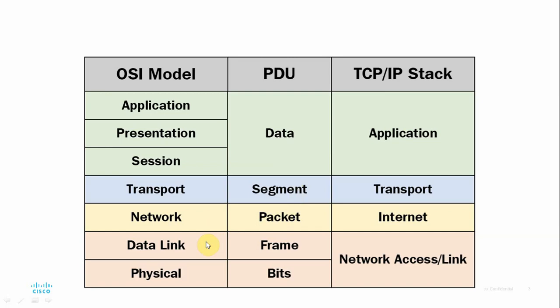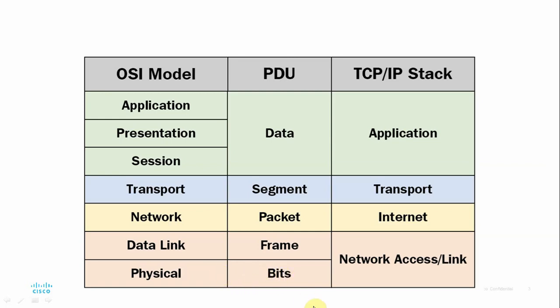And in the data link layer, I add the MAC address and it becomes a frame. Finally, the physical layer, all this frame information is converted to bits, 1010, because computers understand only bits. Okay. So who is doing this bit conversion? Physical layer.